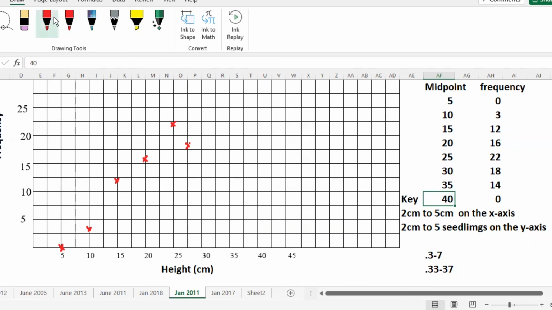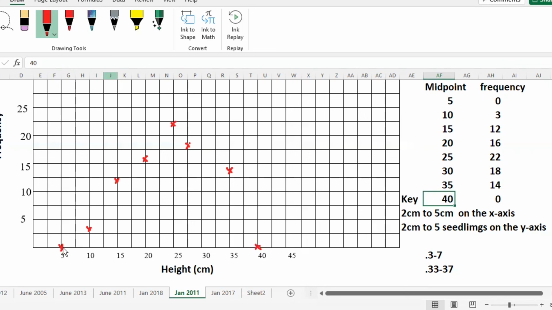So next we have a midpoint of 35 with a frequency of 14. So that would be somewhere here. And then the one that we estimated, a midpoint of 40 with a frequency of 0. So our frequency polygon is closed on the horizontal axis.